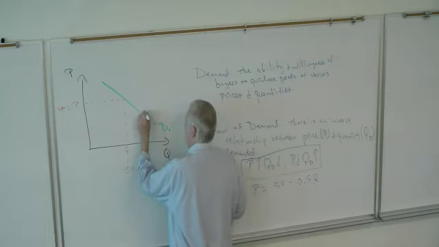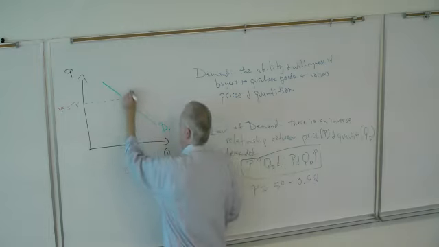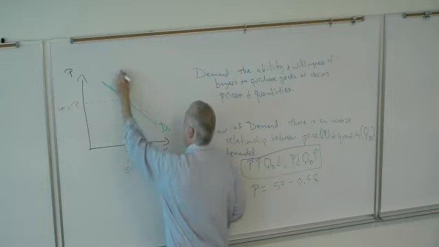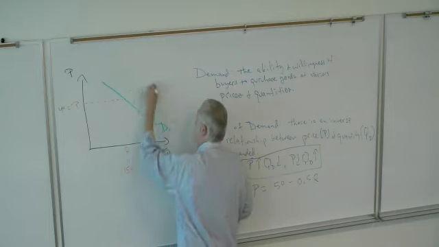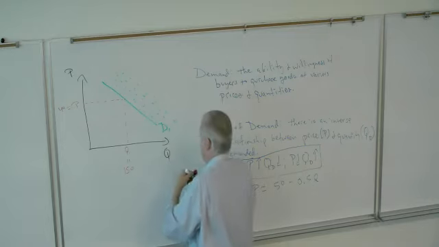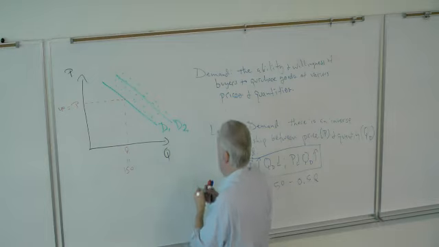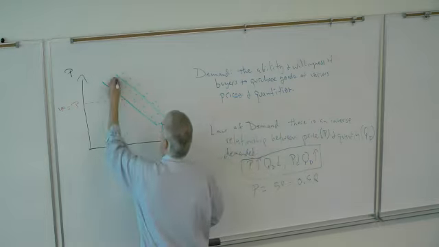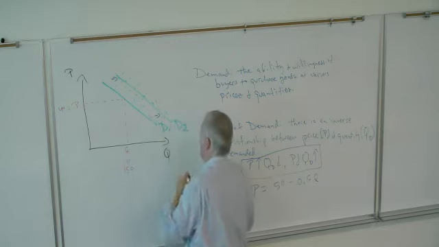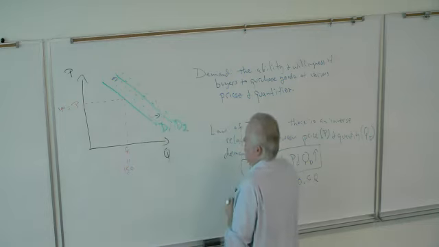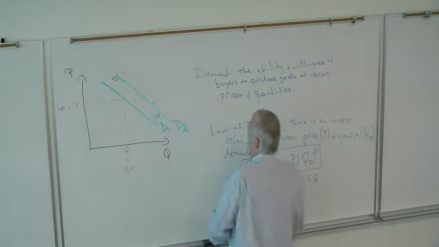What if economists, by observation, are now able to ascertain that the demand curve is moving in this direction? And so as a result, now we no longer have D1, we've got some D2. In other words, there's a shift in the demand function. Okay? There's a shift. In this case, it's a rightward shift. So what's going on is this. You've got a rightward shift.